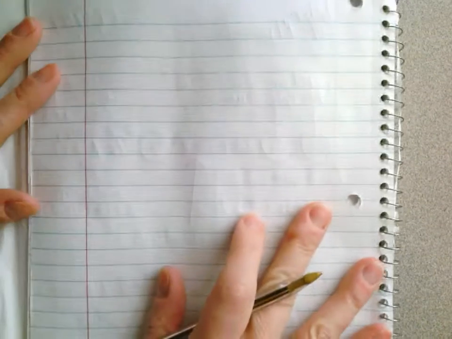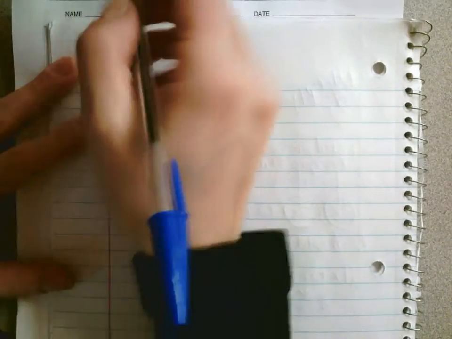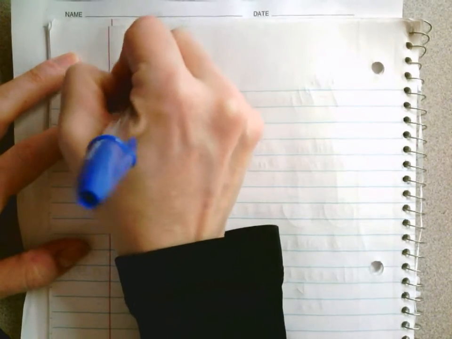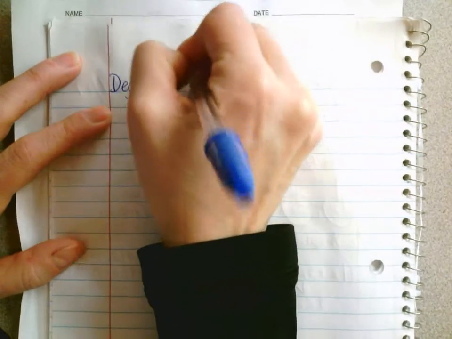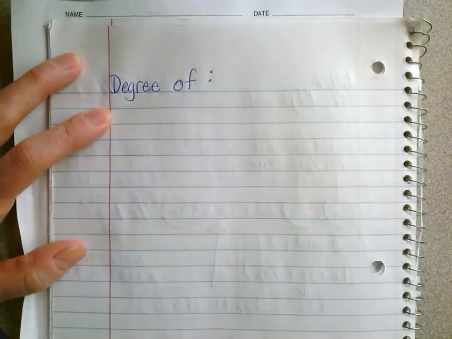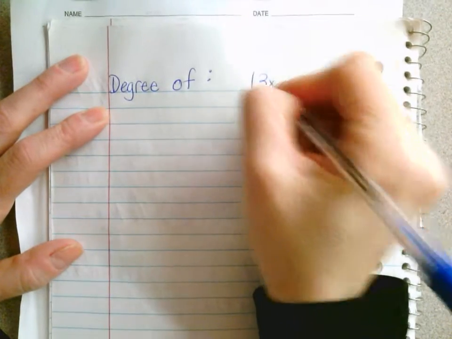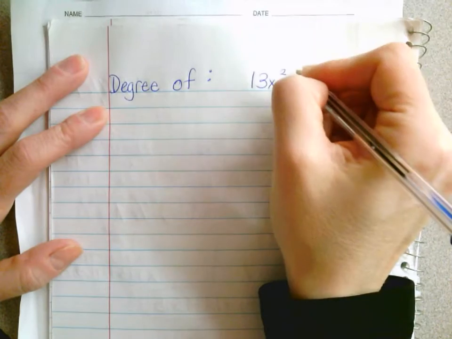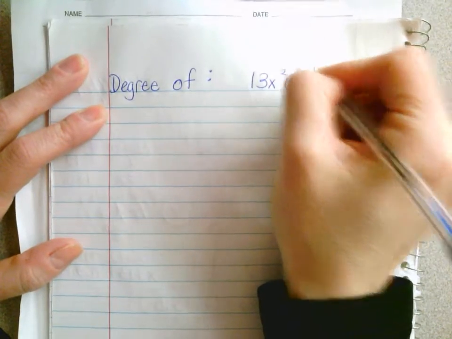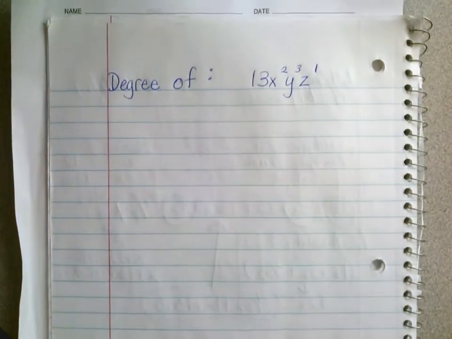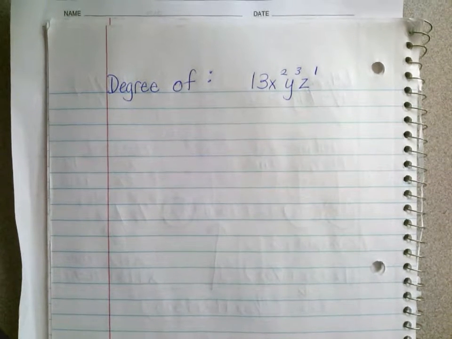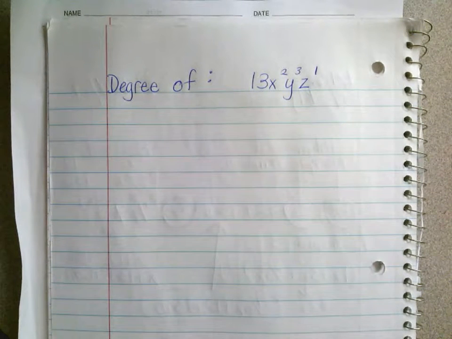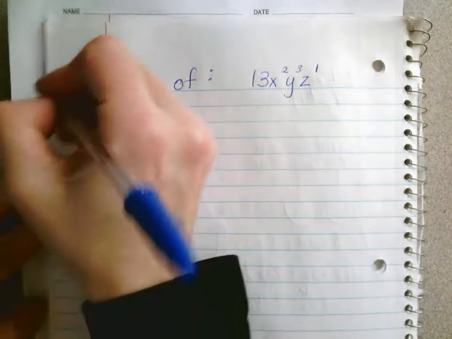You could read more about that on the bottom of 146 and the top of 147, but I'm going to do a couple more real quick. Degree of 13x squared y cubed z to the first. Now this big honkin' monomial has 3 variables with exponents being multiplied by that 13. This is example 3.